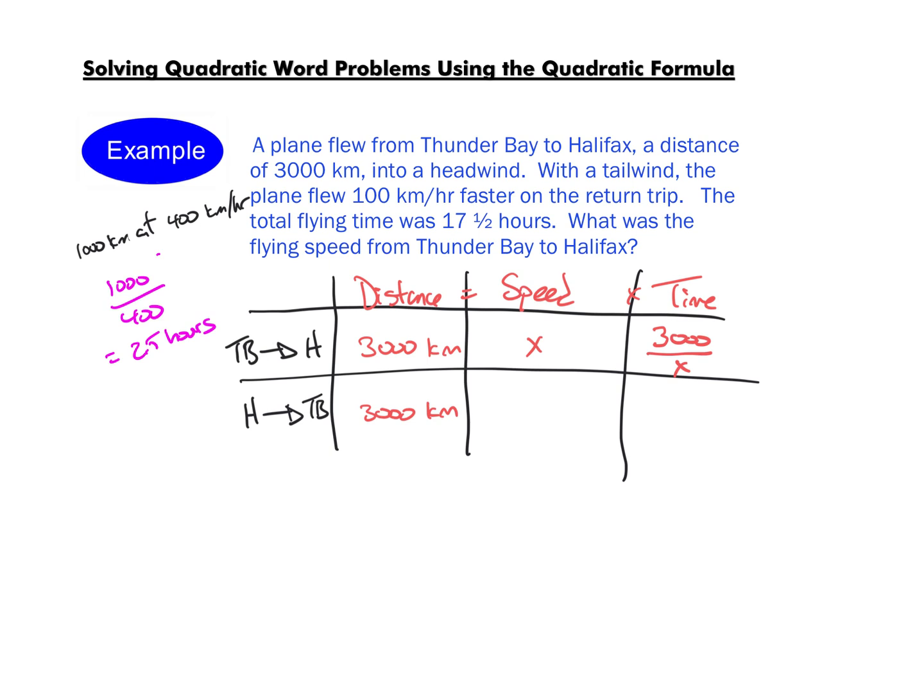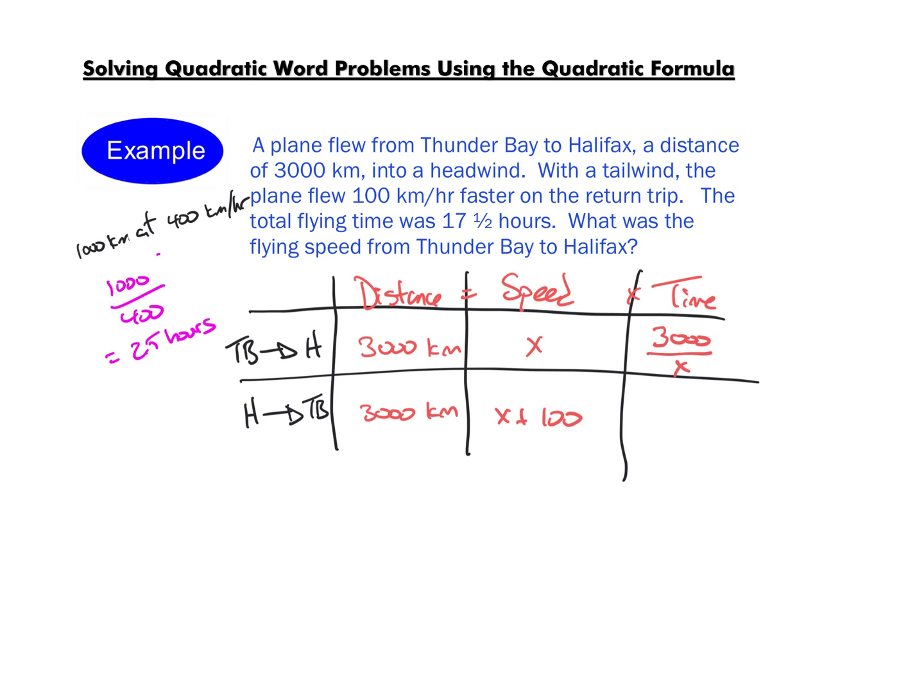We do know that the plane flew 100 kilometers an hour faster on the return trip. We don't know what the speed was going there, other than to say it's x. So the speed coming back is x plus 100.